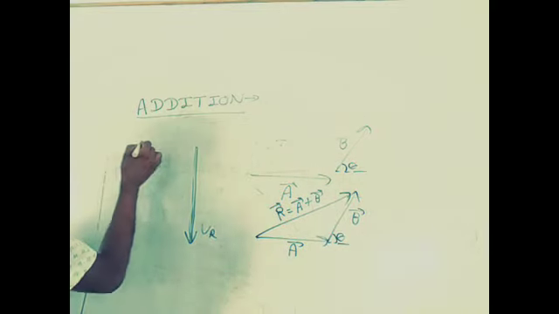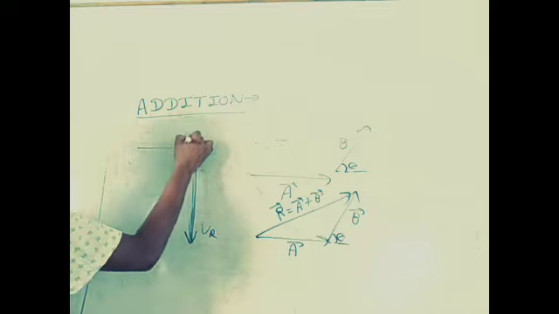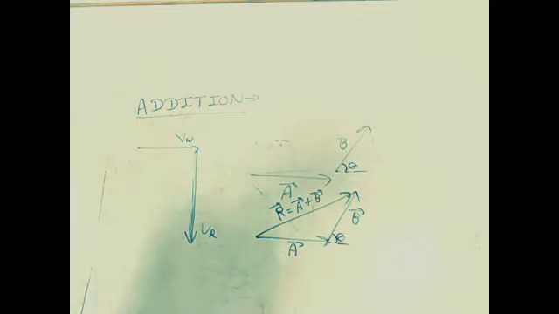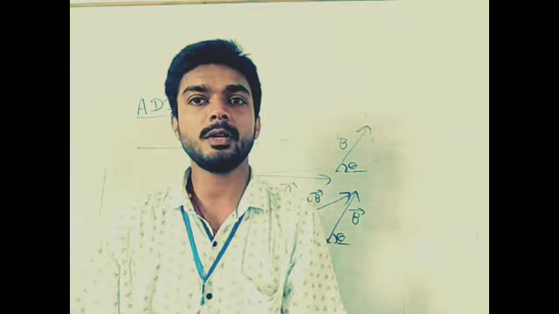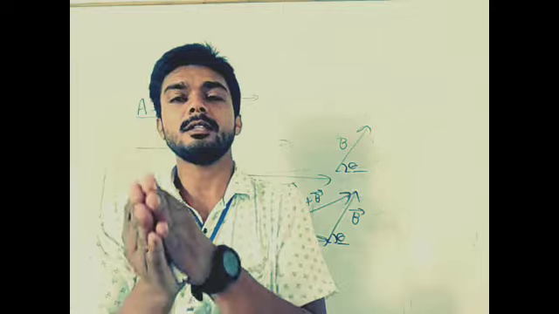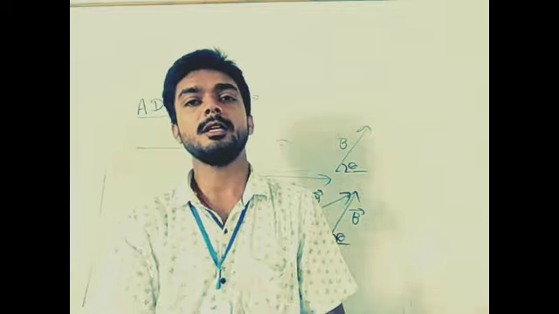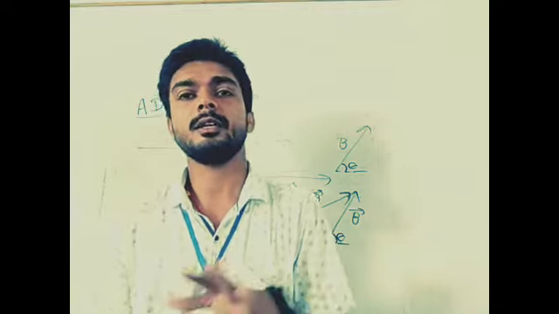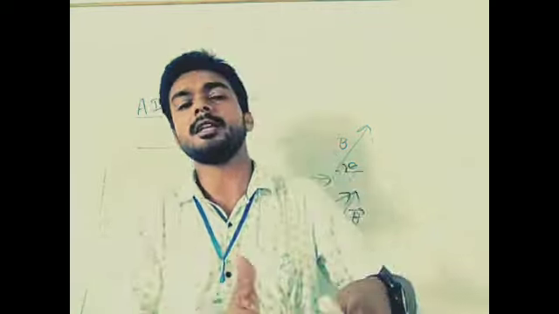This is the velocity of wind. What do you observe when rain is falling and wind is blowing? At that time you can observe that there is a slightly inclined rainfall. Whenever there is wind, you can observe that rainfall is slightly at an angle.